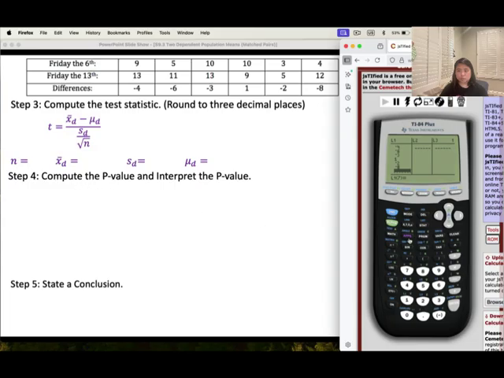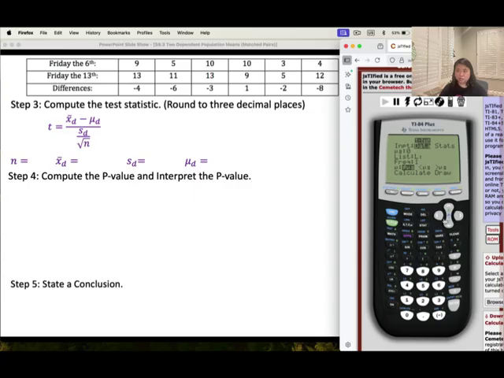We're going to click on stat, go to TESTS, and find the T-Test. Enter, and since we do have the data, choose Data. The mean here, talking about the mean of the difference, is going to be equal to 0. My data is going to be in L1, so second, 1 for L1.